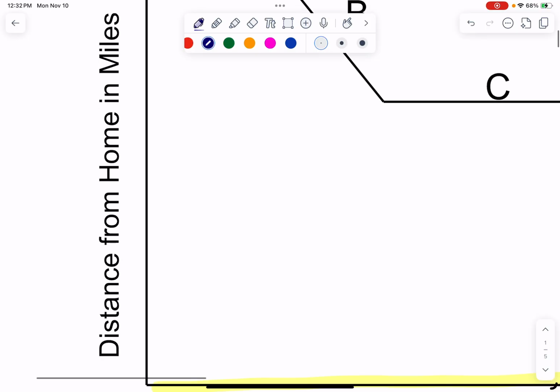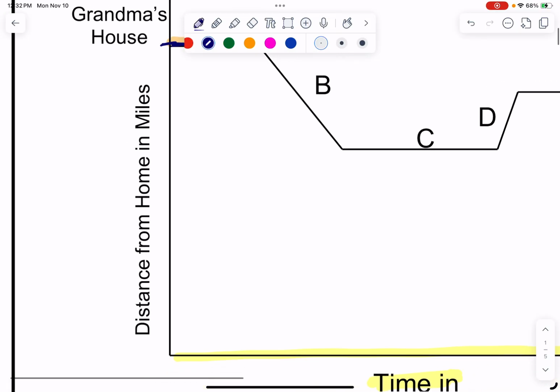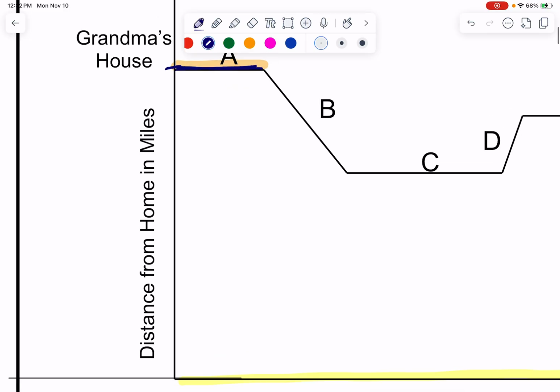The y-axis says the distance from home in miles. So grandma's house is so many miles away from home. And then on B, we turn around, and do we go closer to grandma or closer to home? The distance is decreasing, right? We're measuring distance from home and it's decreasing, so we're going closer to home.